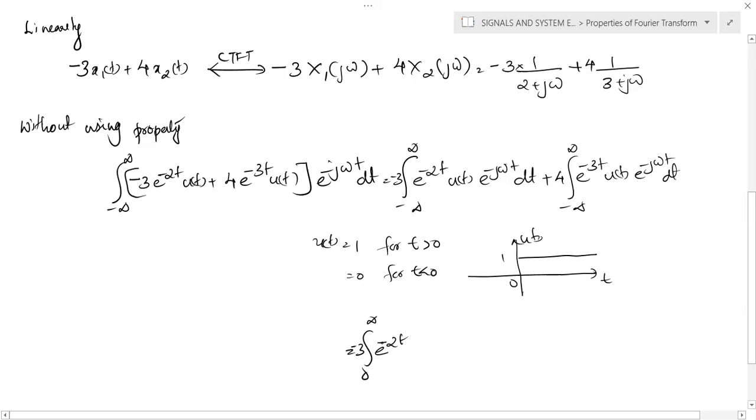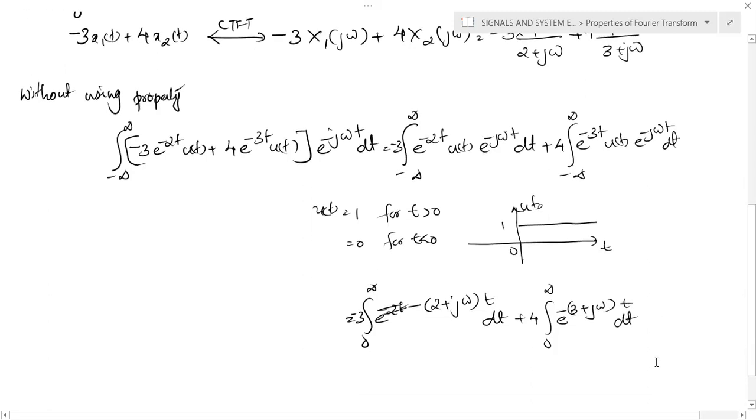If you rewrite this, you can write e raised to minus (2 plus j omega) t. That's the first term. And the second term is also from 0 to infinity, e raised to minus (3 plus j omega) t dt.